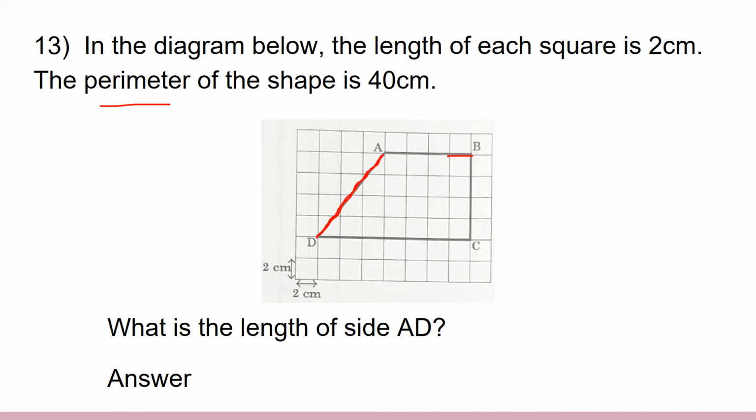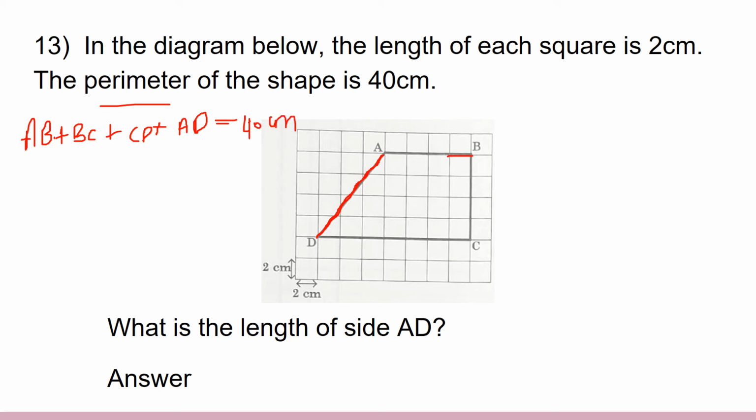That means that the length of AB, plus the length of BC, plus the length of CD, plus the length of AD, when I add, I will get a total of 40 centimeters.